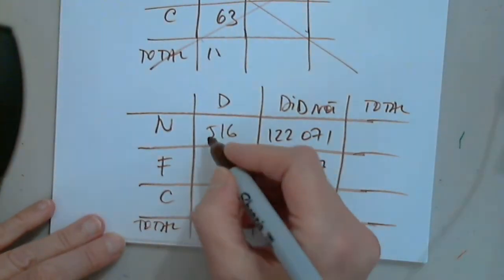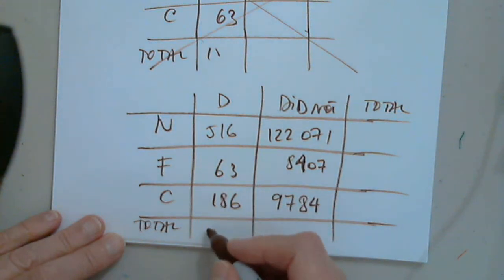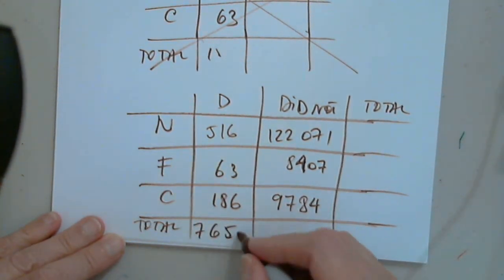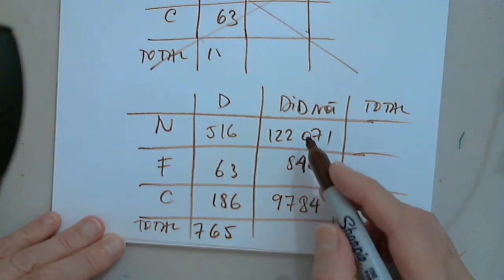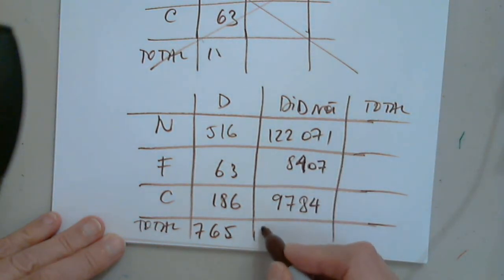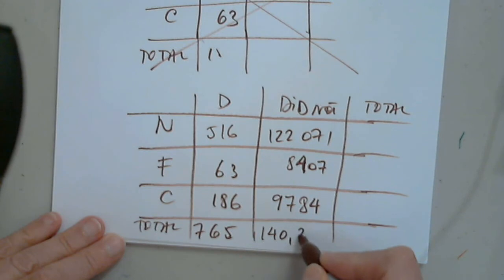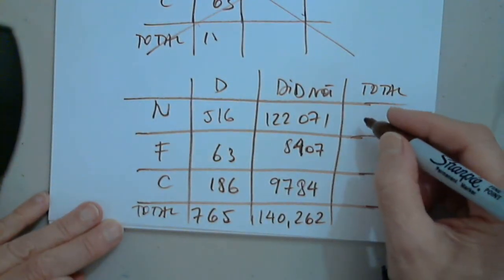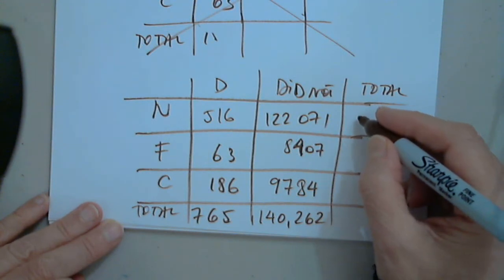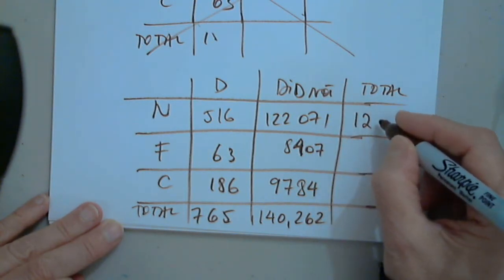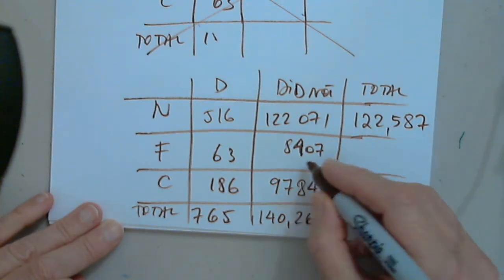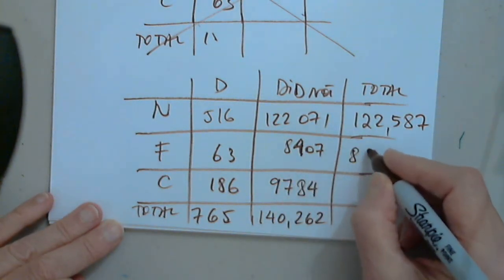The total in the died from cancer column, the D column at the bottom will be 765. The did not die total is going to be 140,262. The total for the never smoking cigars is 122,587. The total for former smokers is 8,470.